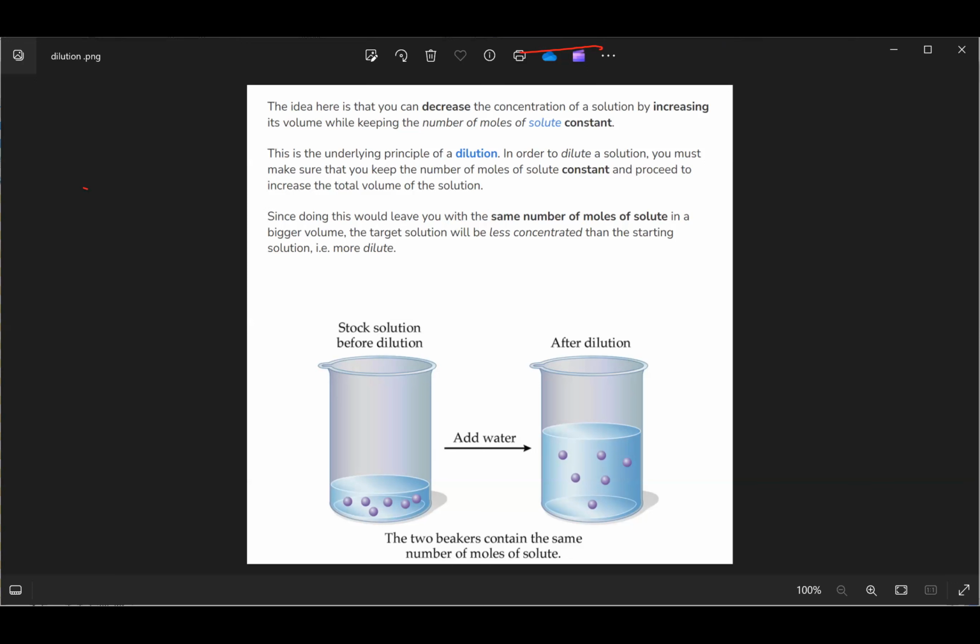Most students make mistakes in it, to know before and after. If I know them, it's okay. What would be the concentration of a solution made by adding 250 milliliters of water to 245 milliliters of 4.2 molar? Who can tell me?